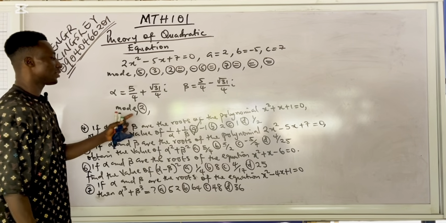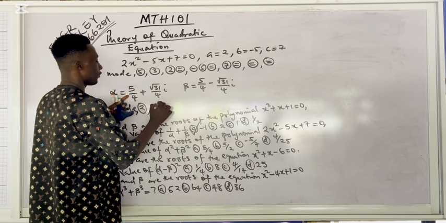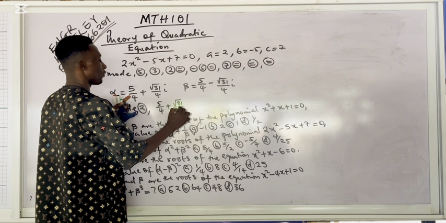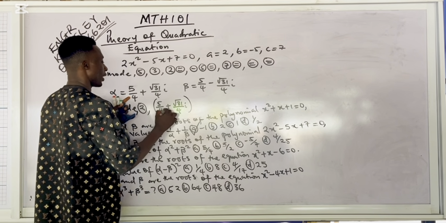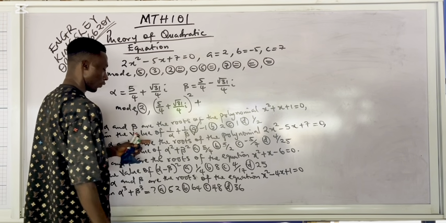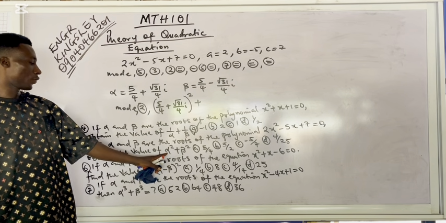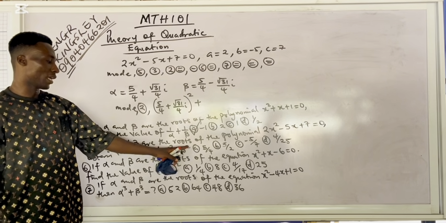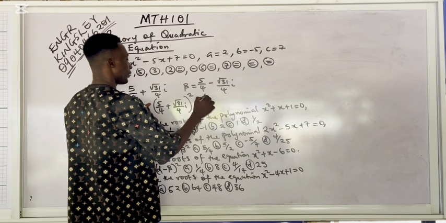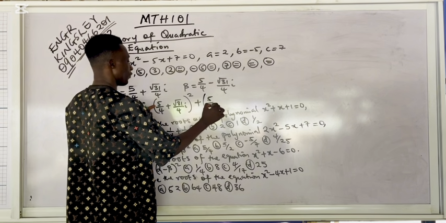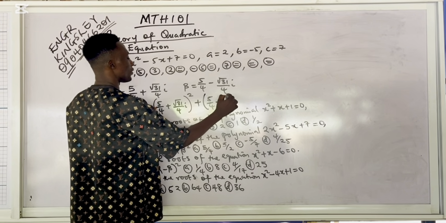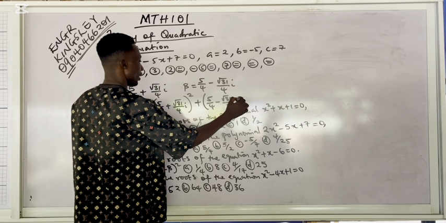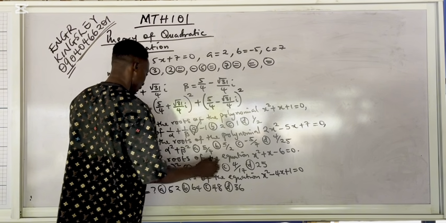You are keying it in as 5 over 4 plus root 31 all over 4i, all squared, plus, you see we have alpha squared here, plus beta squared. We will be having 5 over 4 minus root 31 all over 4i, all squared.